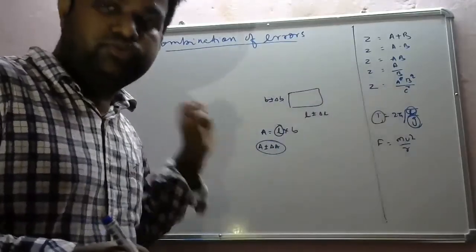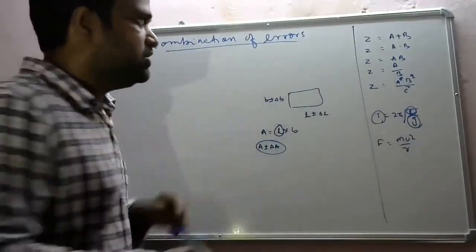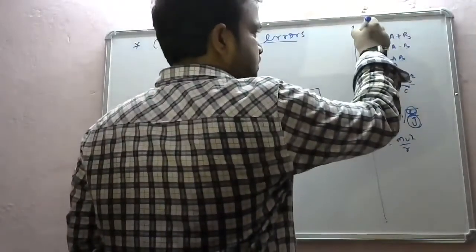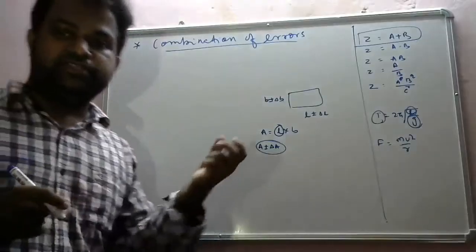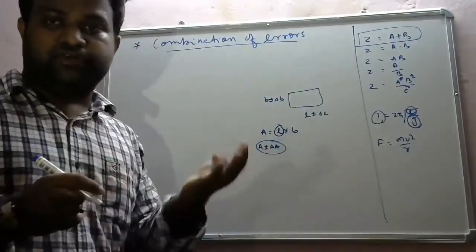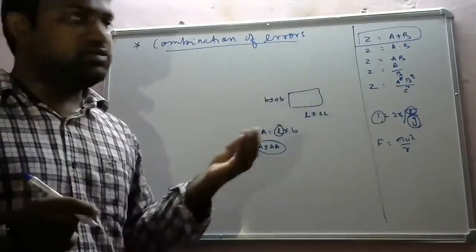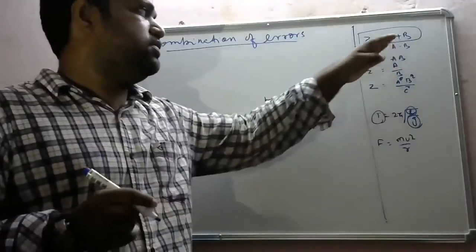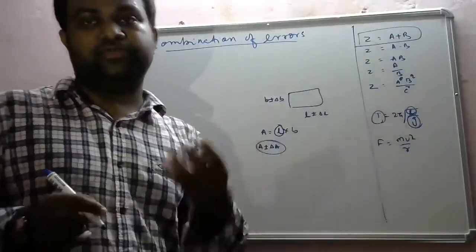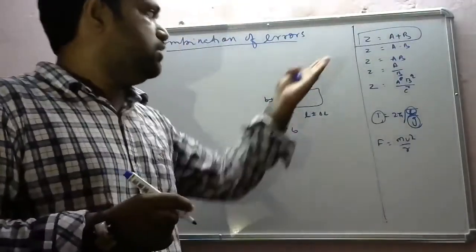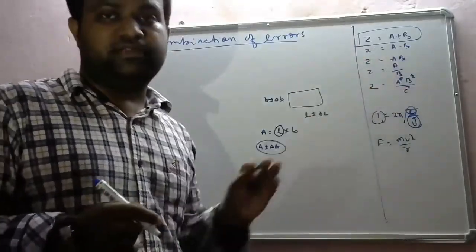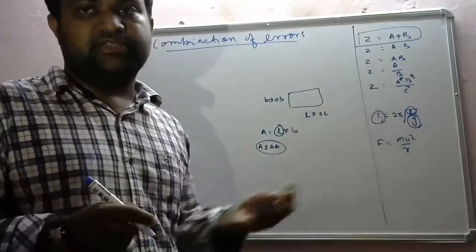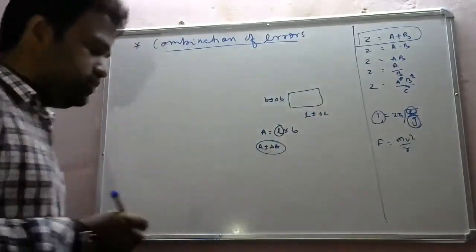So now we will prove this formula and try to get the result for that. If the formula is A plus B, then what will be the error in the result? If the formula is A into B or A minus B, then what will be the error in the result? Or if it is the general formula, then what will be the error?